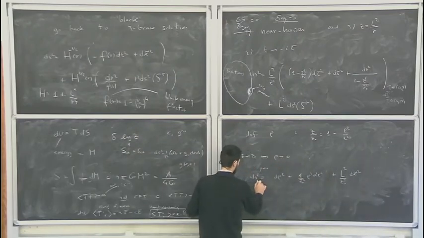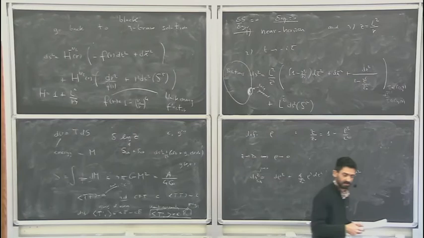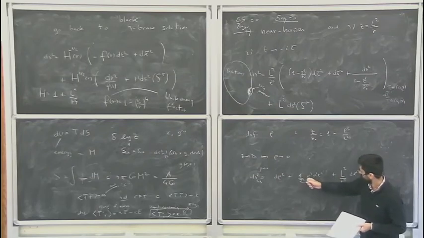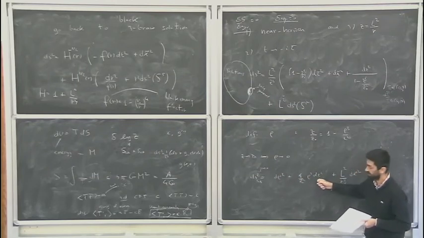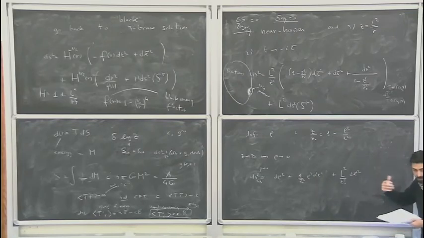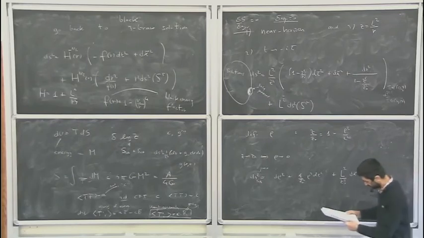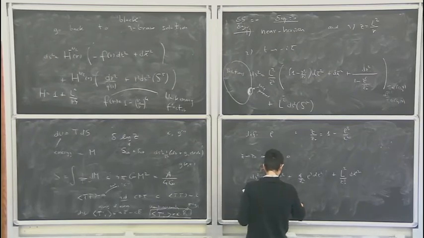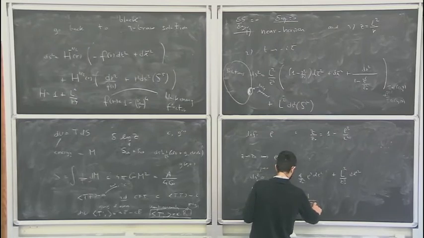Let's focus on the 5D part, just forgetting the S5 part. Exactly as in the Schwarzschild calculation, requiring regularity fixes the periodicity of this coordinate tau. And its periodicity is by definition 1 over the temperature, so beta, which is 1 over T, and the temperature is given by T equal to 1 over pi z star.